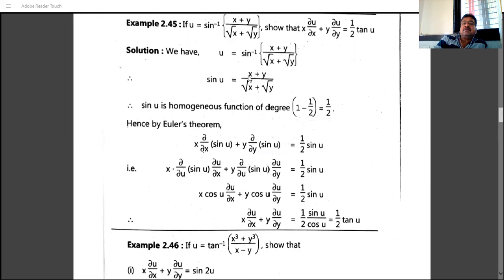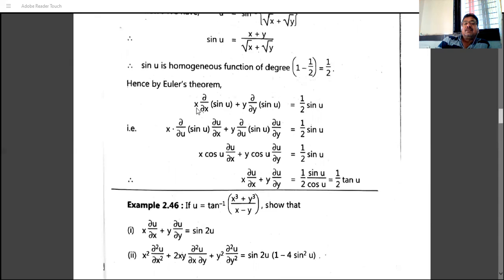This function becomes a homogeneous function of degree 1 half, and therefore by using Euler's theorem, x ∂/∂x of sin u plus y ∂/∂y of sin u is equal to 1 half sin u. That is, x ∂f/∂x plus y ∂f/∂y is equal to nf. The function f is what? sin u. Sin u is a homogeneous function of degree half, and therefore by using Euler's theorem we have this.